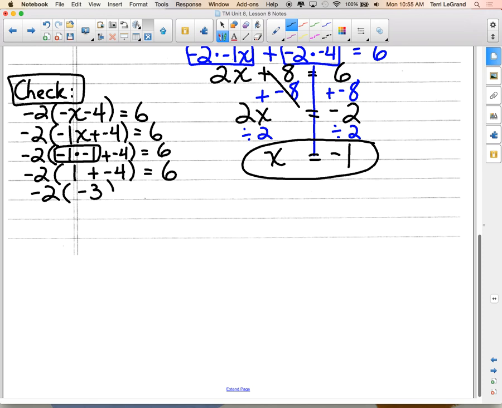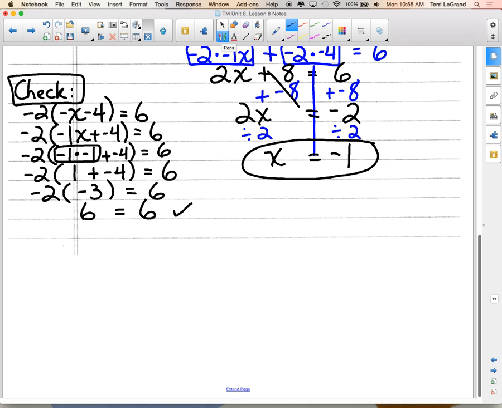Negative 3. Remember, this means multiply. Negative 2 times negative 3, what is that? A positive 6, because when you multiply two numbers with the same sign, it turns out positive. And then we have our equal 6. It checks, doesn't it? We have a good solution.